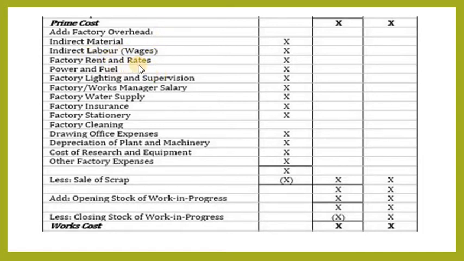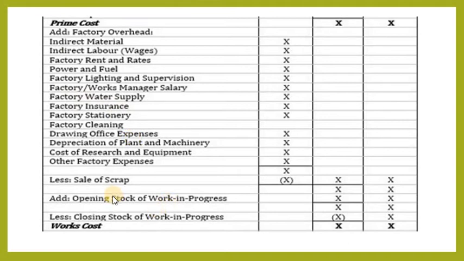Then factory rent and rates, power and fuel, factory lighting and supervision, factory or works manager salary, factory water supply, factory insurance, factory stationery, factory cleaning, drawing office expenses, depreciation of plant and machinery, cost of research and equipment, and other factory expenses. All of these are factory overheads.